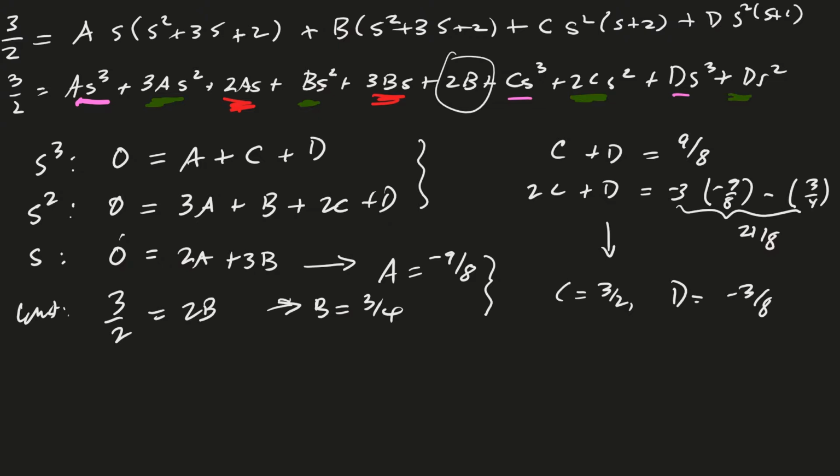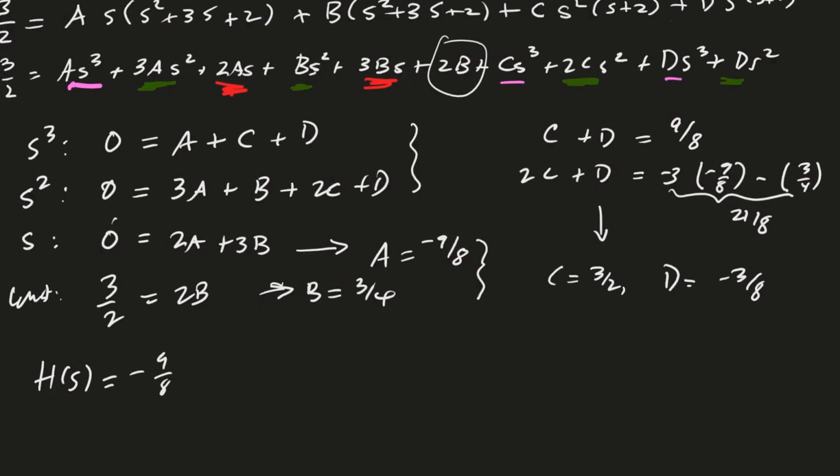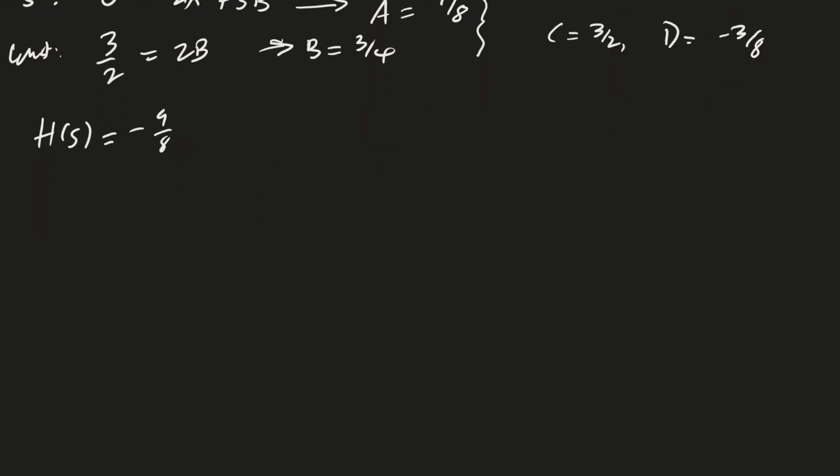So now we have our solution. What we have here is that H of s was equal to minus 9/8 times 1 over s plus 3/4 times 1 over s squared plus 3/2 times 1 over s plus 1 minus 3/8 times 1 over s plus 2.